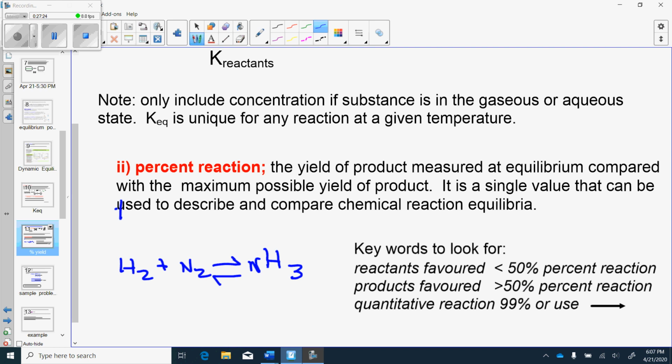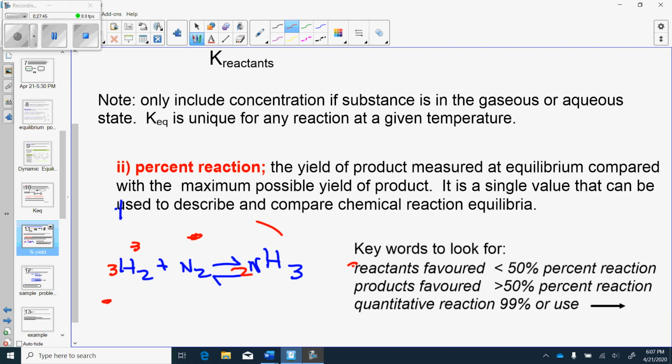So we'll need 3 and we'll need 2 way over here, right? Sorry about that, but you can see.